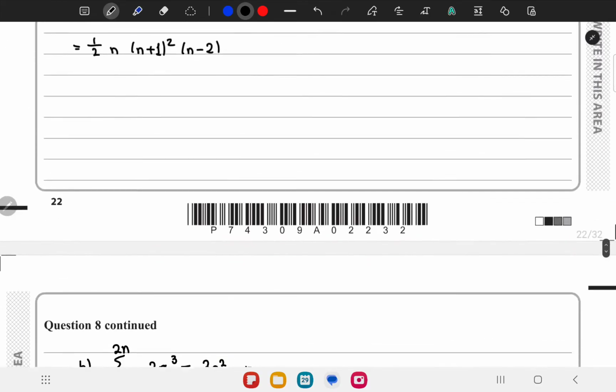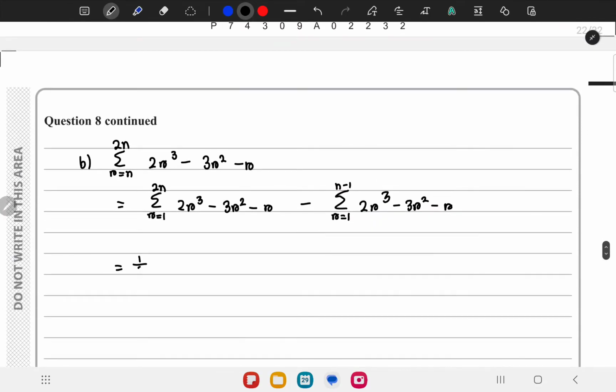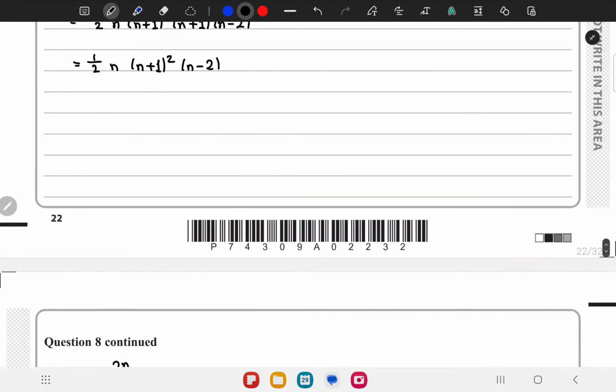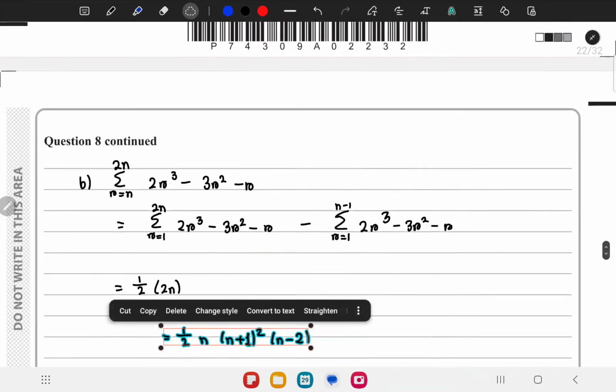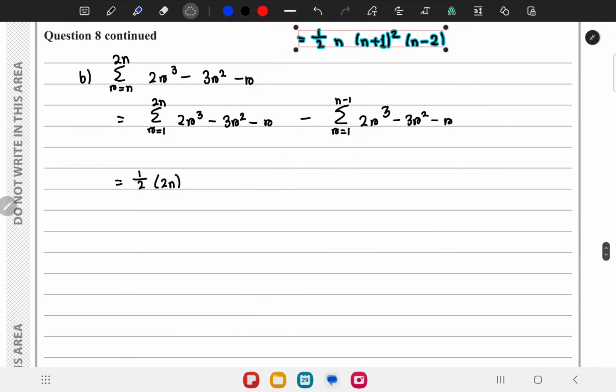The formula for this would be 1 by 2 n. So this formula over here. Then we'll have 2n plus 1 squared and 2n minus 2.